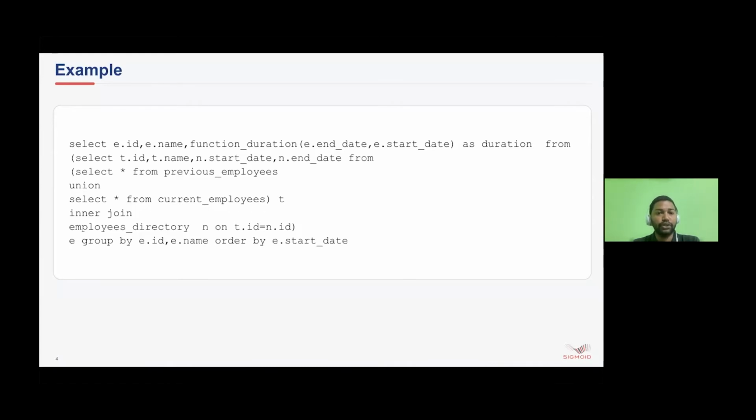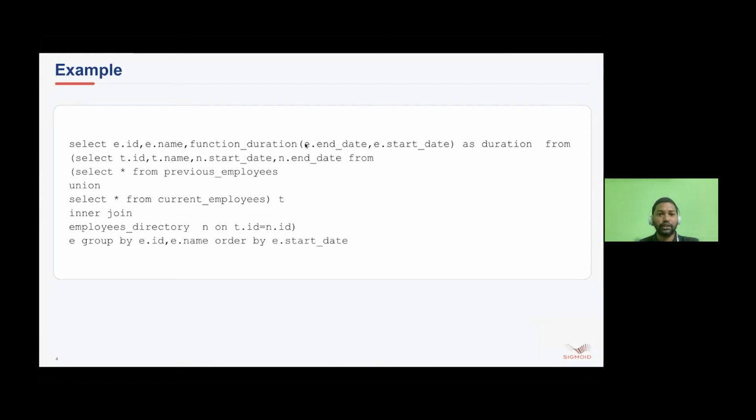By doing the union between them, as we do here, we could get all the employees' information. Then if we do an inner join with the employee directory, which is a table that will have the employee ID and their start date and end date, we can find the start date and end date.